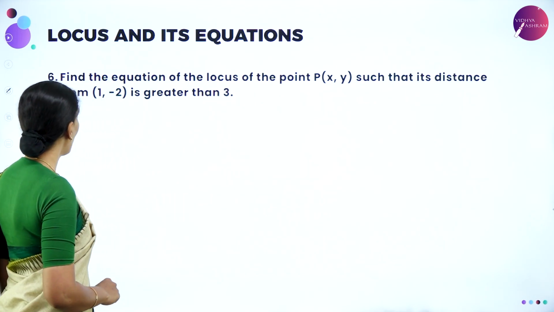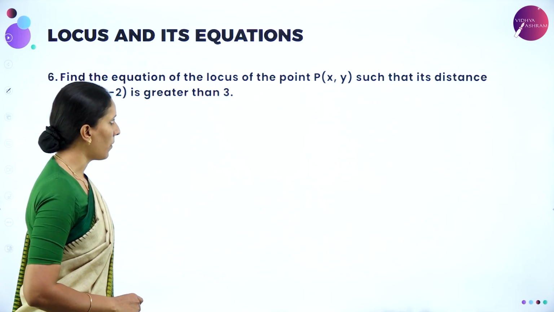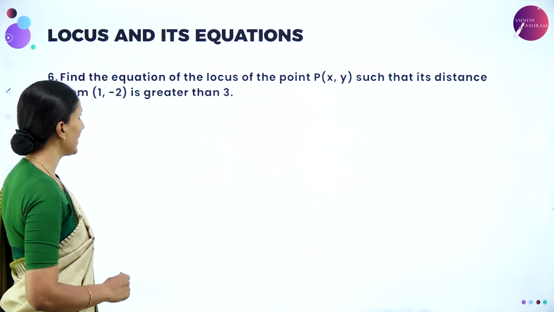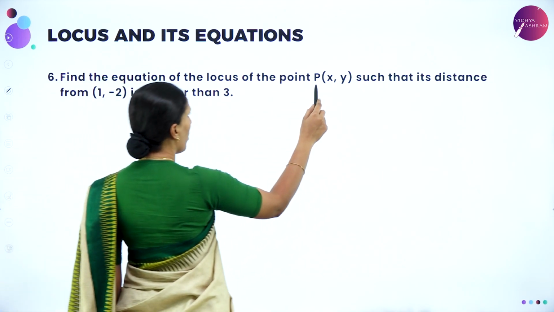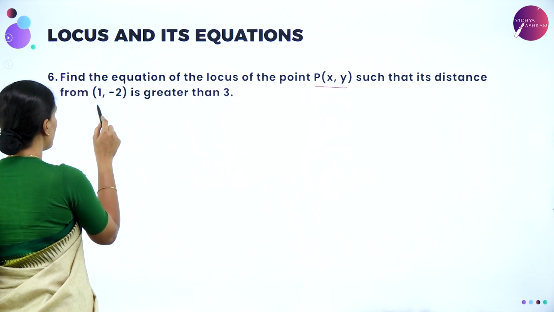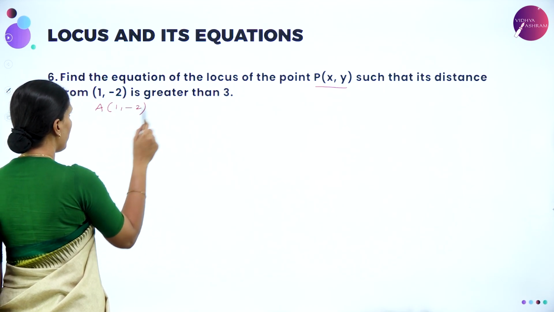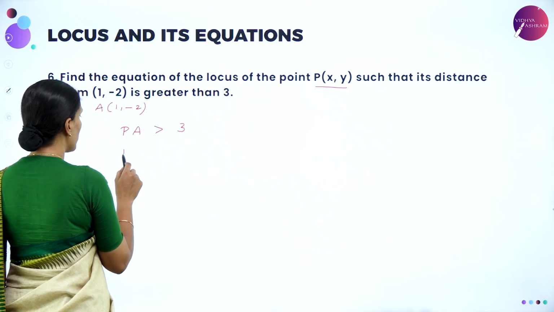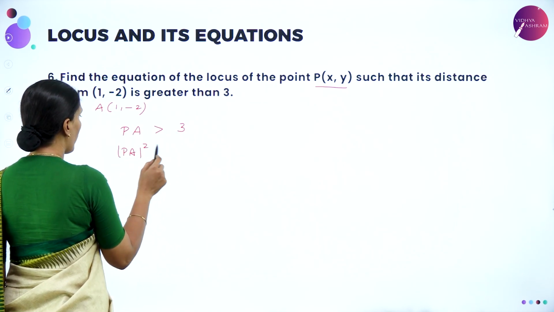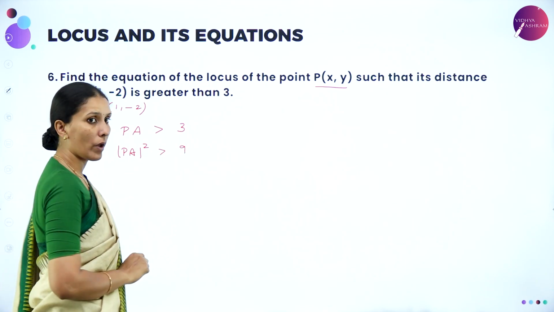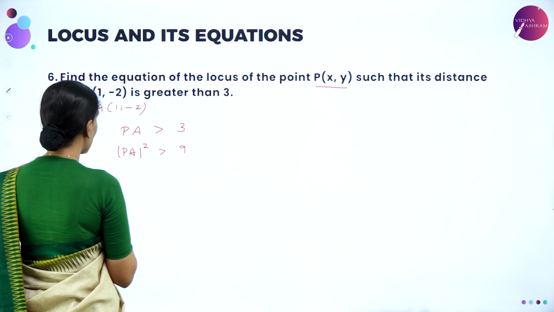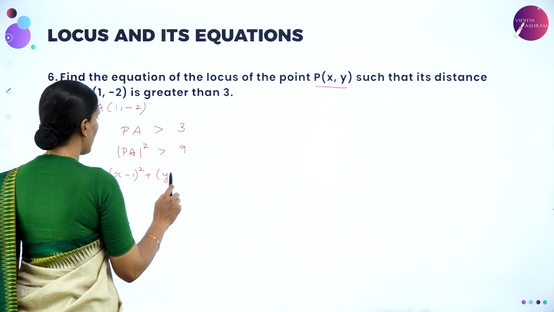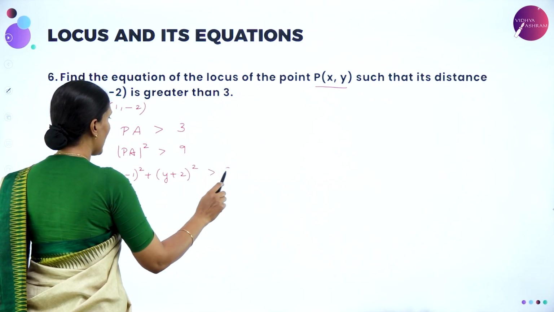Next one. Find the equation of the locus of the point P x, y such that its distance from 1, minus 2 is greater than 3. So let the point be P x, y and let this be A 1, minus 2. They have given the distance PA is greater than 3. So let us square on both sides, then we will get distance square is greater than 9 because 3 square is 9. So let us expand this. We will get x minus 1 whole square plus y plus 2 whole square is greater than 9.